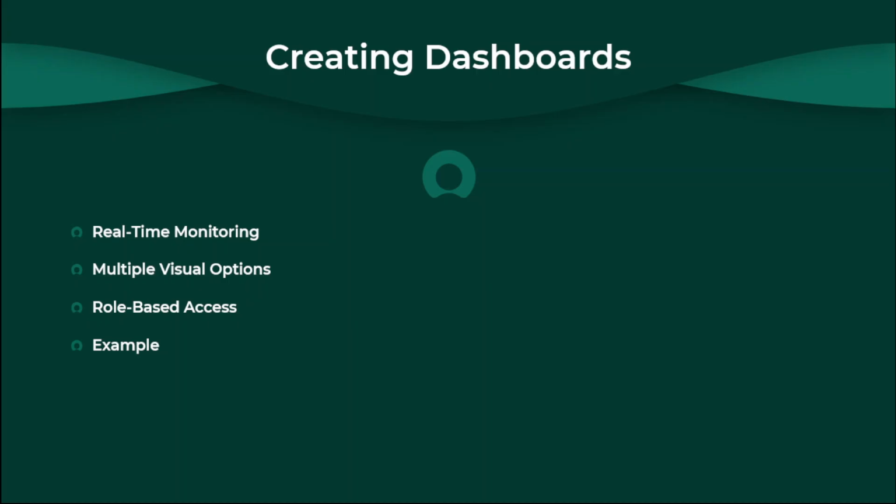Role-based access: each stakeholder, executives, IT managers, operators, can have a personalized dashboard. For example, an ITOM operations dashboard might include open alerts by severity, top CI issues, and remediation progress. Dashboards make sure everyone stays aligned and informed.